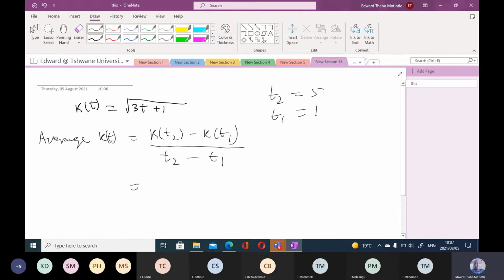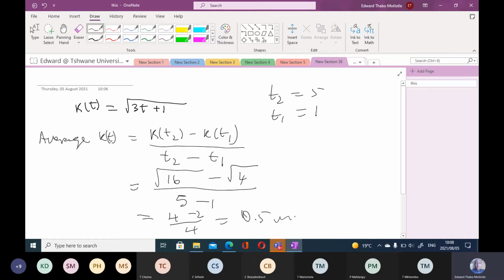So substituting here, we have the square root of, if you substitute 5 here, it will be 16, minus the square root of, we substitute 1, I think it is 4, all over 5 minus 1. And this is 4 minus 2 over 4. This is equal to 0.5 units.